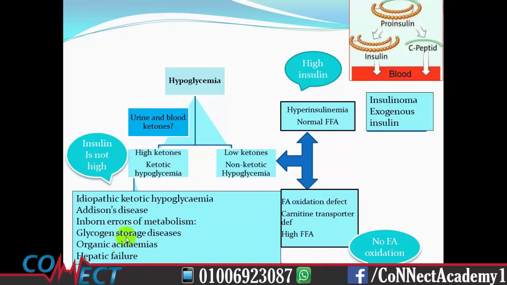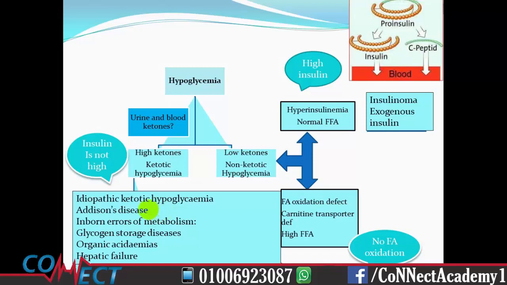Okay. Another example of this ketotic hypoglycemia is a normal human being who just has a very high basal metabolic rate. So he consumes his glycogen very rapidly. That's called idiopathic ketotic hypoglycemia. Or if we have a lack of anti-insulin hormone, there will be no stimulus for glycogenolysis, like in Addison disease, the lack of cortisol.